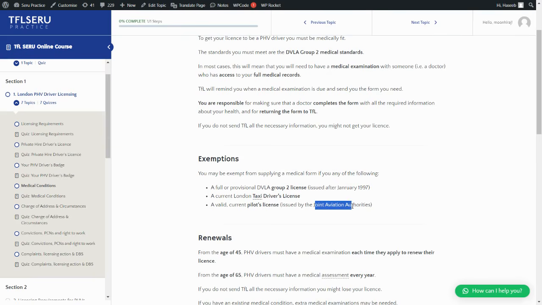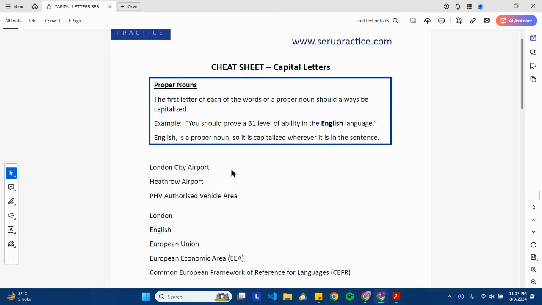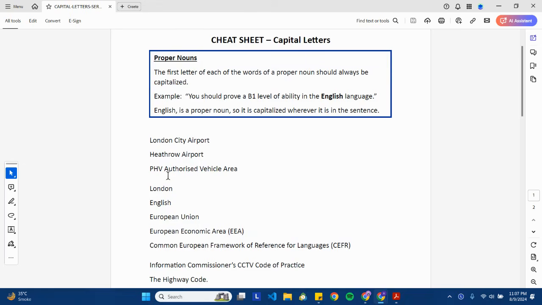Here, Joint Aviation Authorities has J, A, and A in uppercase letters. If you go through the free course on our website for basic English grammar rules, among which one is capital letters, you will get to learn why the first letter of some proper nouns has to be in uppercase.